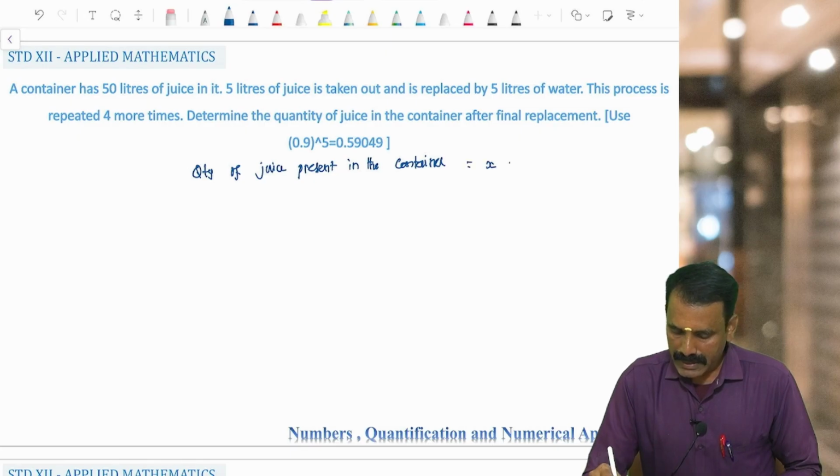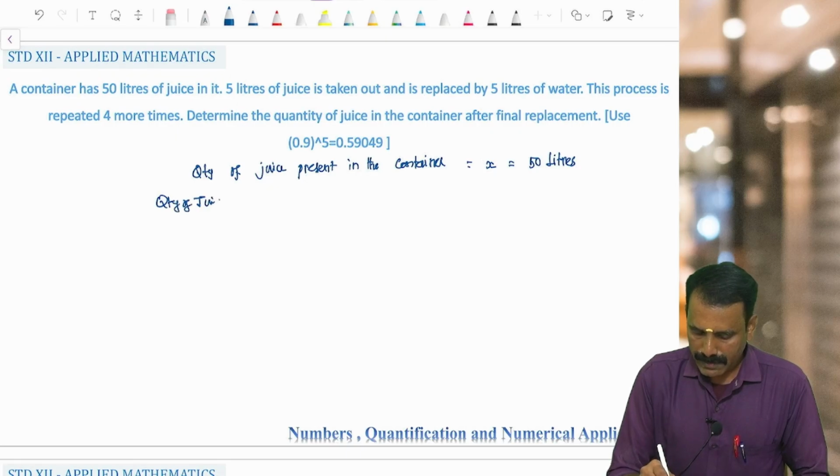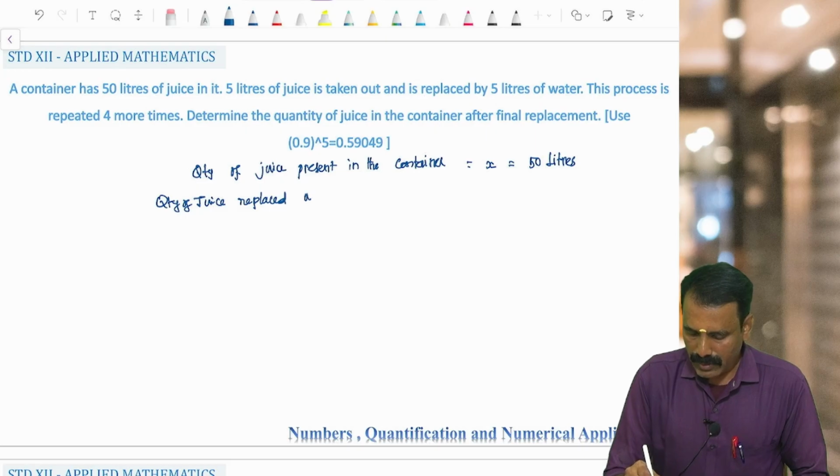Initially it is going to be taken as X. We take it as 50 liters. Now the quantity of juice replaced with water each time.